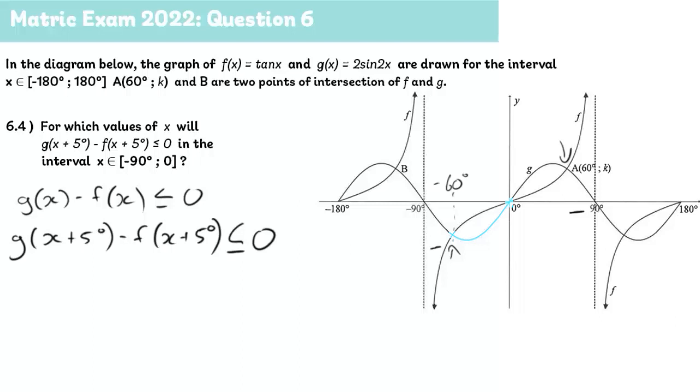What's happening in the g(x) graph is happening in the f(x) graph. We're adding 5 degrees to g, but at the same time, we're adding 5 degrees to f(x). When we add, we move to the left, and when we subtract, we move the graph to the right. So both graphs are moving to the left.